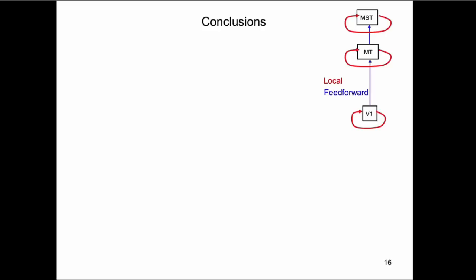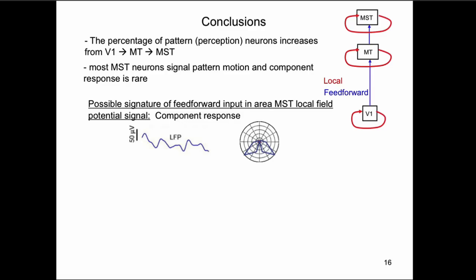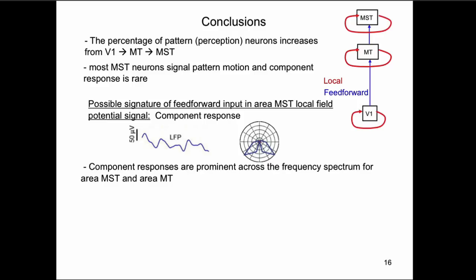So in conclusion, the percentage of pattern neurons increases along this visual system hierarchy. Most MST neurons signal pattern motion and are rarely component selective. And thus, to estimate the feed-forward input, we wanted to look at the component response. And we found that in area MST and in area MT, the component responses are prominent across the frequency spectrum.